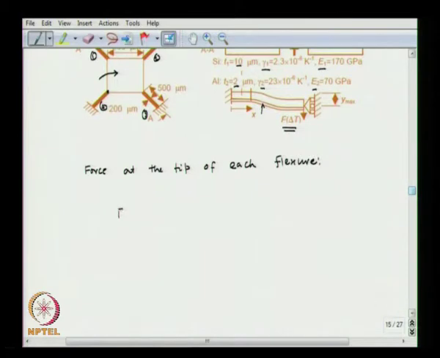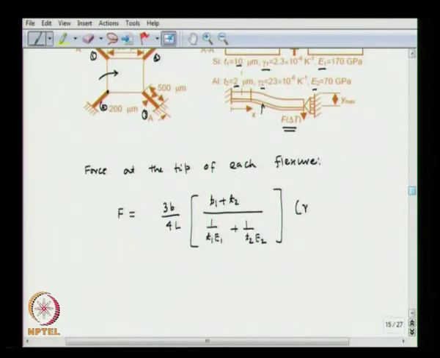So, F is calculated using this formula: 3b over 4l into (T1 plus T2) divided by (1 over T1 E1 plus 1 over T2 E2), into (gamma 2 minus gamma 1) into delta T. Okay.